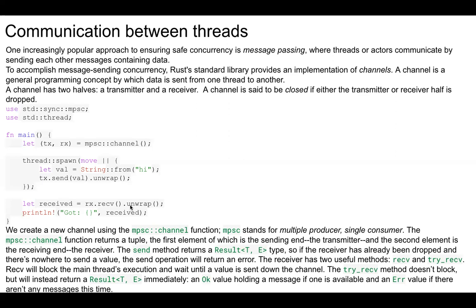So it's blocking the main thread. Whereas try_recv, if the message is not there, won't block the main thread. It will continue doing other functions and then go back and see if there is any message.